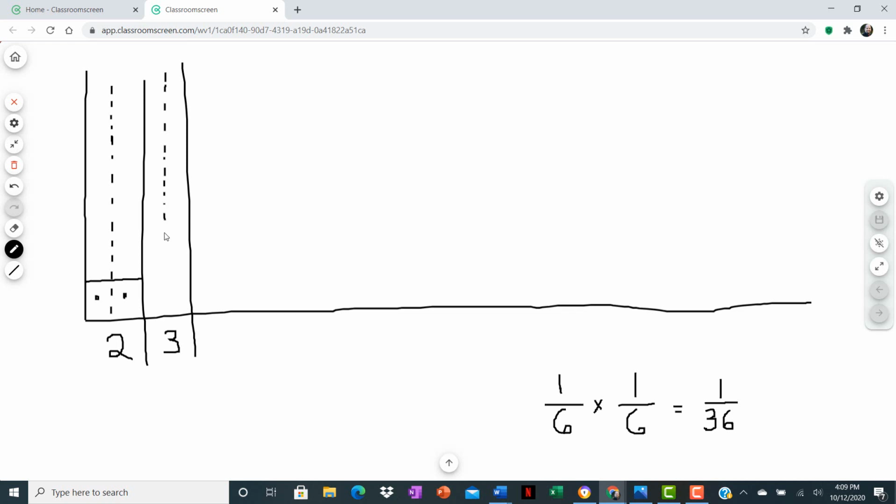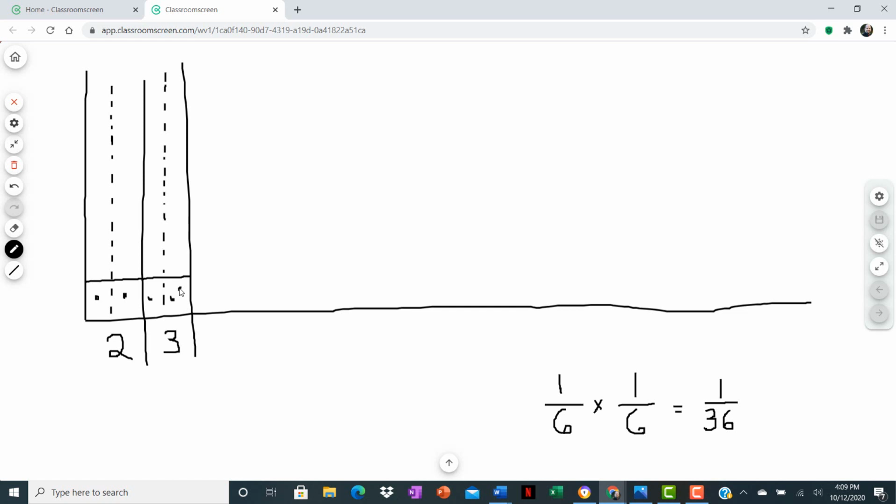Okay, all right. So we're going to come down here to my 2 columns. In each one of these columns, can you think of how many ways you can make a 3 using 2 dice? Well, you probably figured this out. You can roll a 1 on the first die and a 2 on the second.